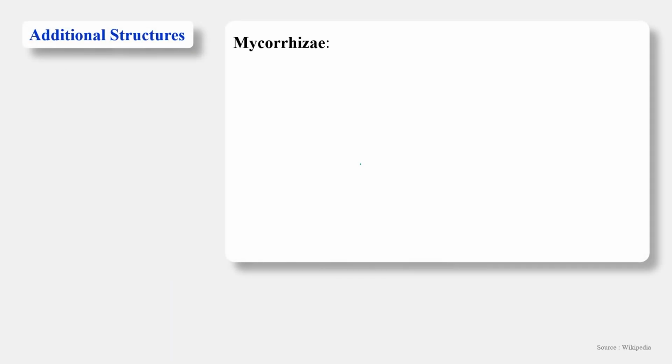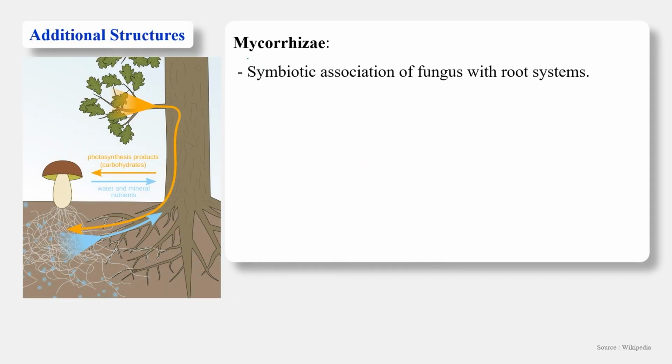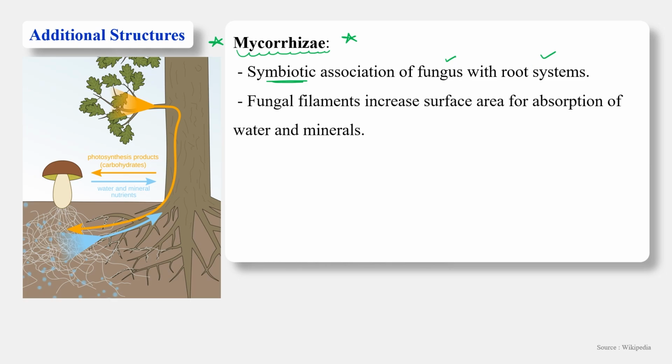Now, additional structures are also there, like mycorrhiza. It's a very common term, and it's a very important term also. Many examinations ask many questions related to this particular topic, mycorrhiza. Mycorrhiza is a symbiotic association between fungus and some plant root systems. Okay, this is the fungal filament.